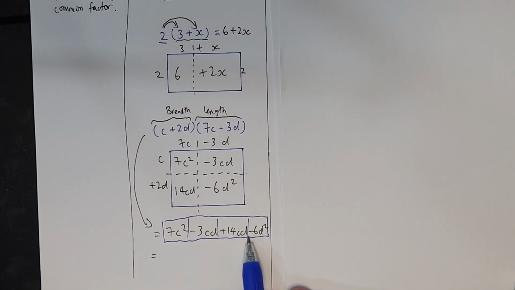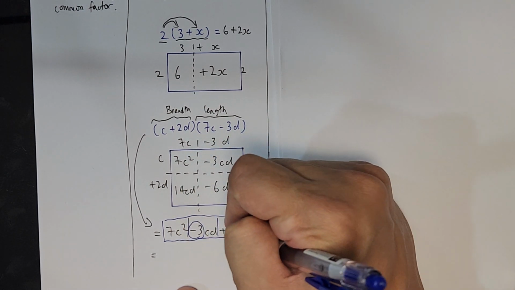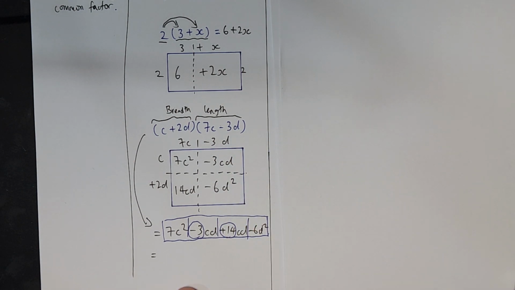These two are like terms because both of them have cd. c squared and cd are unlike terms, because one has d and over here there's a c squared. For like terms, I use the coefficients, and I can use a calculator to get the answer.